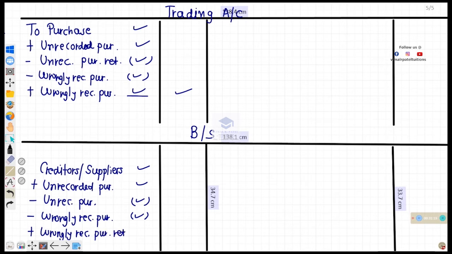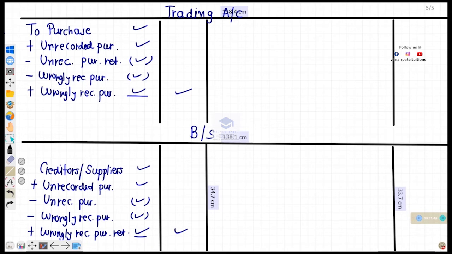Clear? Unrecorded purchase return, wrongly recorded purchase return. So first effect of unrecorded purchase will be added on the debit side of trading account to purchase. Second effect will be added to creditors on liability side. Unrecorded purchase return, first effect to be subtracted from purchase on debit side of trading account. Second effect it will be subtracted from creditors on liability side.